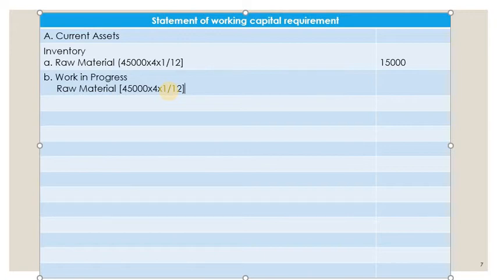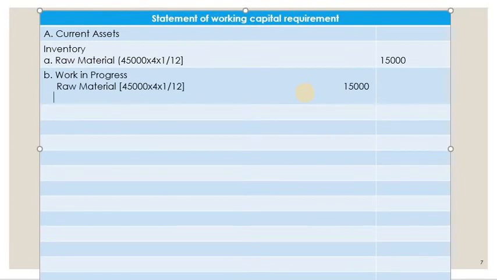So into 1 divided by 12. Then wages. Sorry, not labor here, it is wages as given in the problem. So here one thing you have to remember, in work in progress, raw material is always 100%. For wages and for direct overhead it is 50-50. If it is given in the problem, we have to take as it is given.